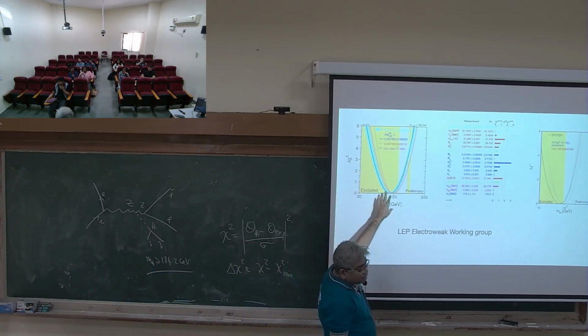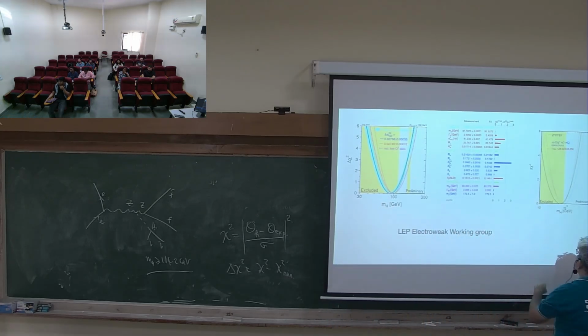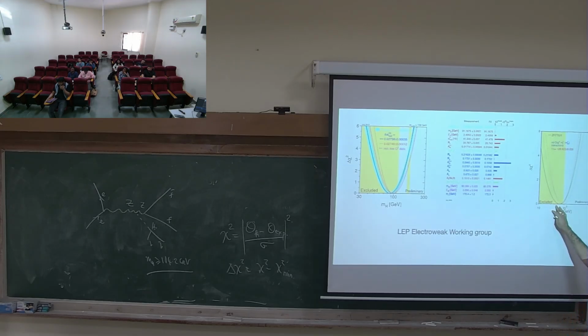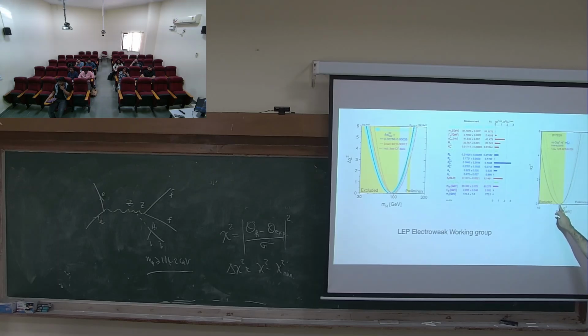Now the same analysis, instead of the LEP working group, you can also do by Z-fitter. This is an independent collaboration. They also have very similar results. So they also show that it is 80.33, but it could be slightly 80.22 or something.